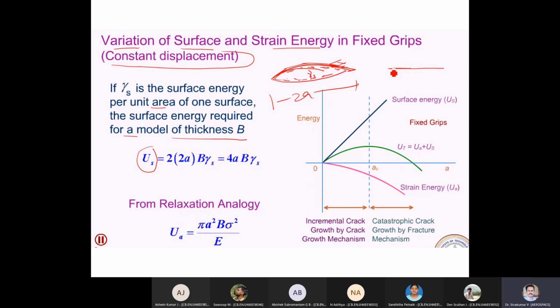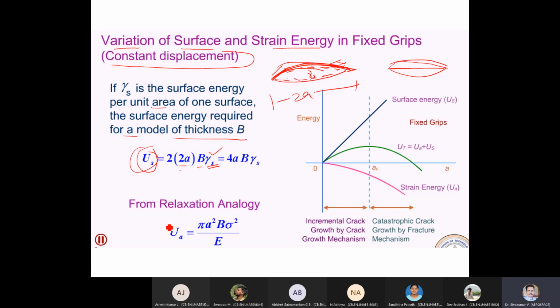For our visibility purpose only, we are making the crack this much. Otherwise, it's very small compared to the body under consideration. The length of the top surface is also 2A. Basically, it is slightly more, but we are being conservative by taking 2A into B as the surface area, into gamma S. Gamma S is the surface energy, a material property.